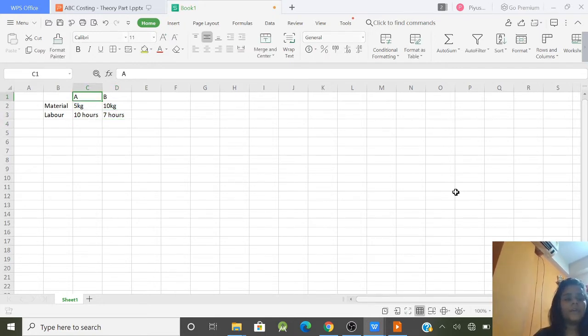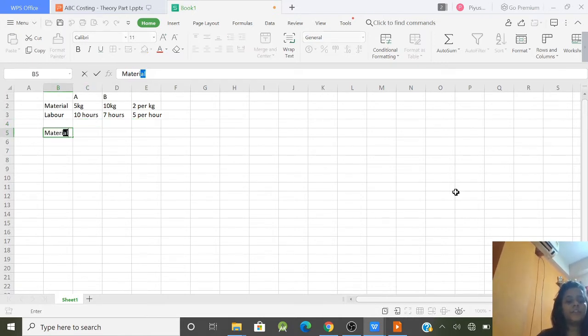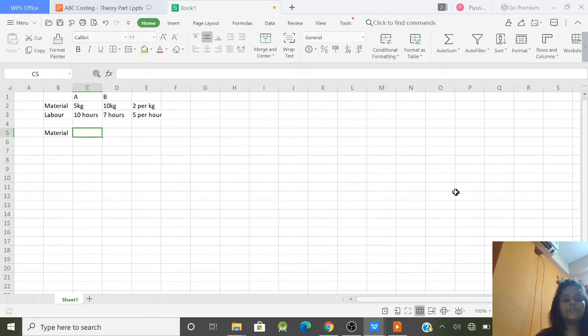Now, you will be given that the raw materials have been purchased at the rate of say 2 per kg, and the employees are paid at a wage rate of say 5 per hour. So, it becomes easy to calculate the direct material cost, which will be 5 kg into 2 per kg for product A, that is rupees 10, and for product B, it will be 20.